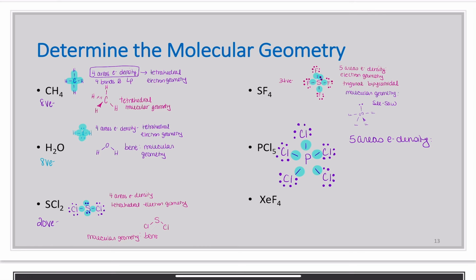That means my electron geometry is trigonal bipyramidal. And when I draw this into my molecular shape, I'll draw my axial positions, and my equatorial positions in blue.